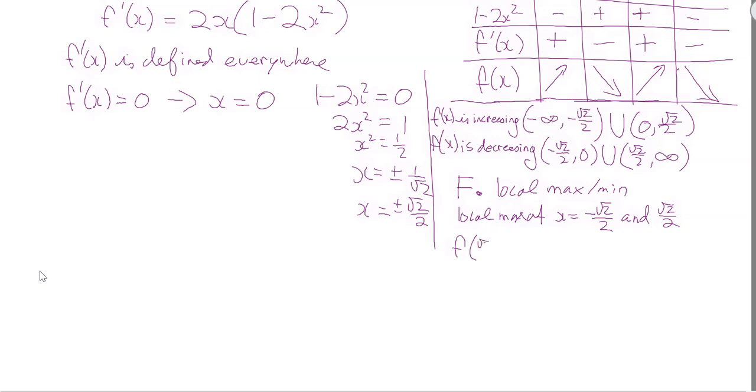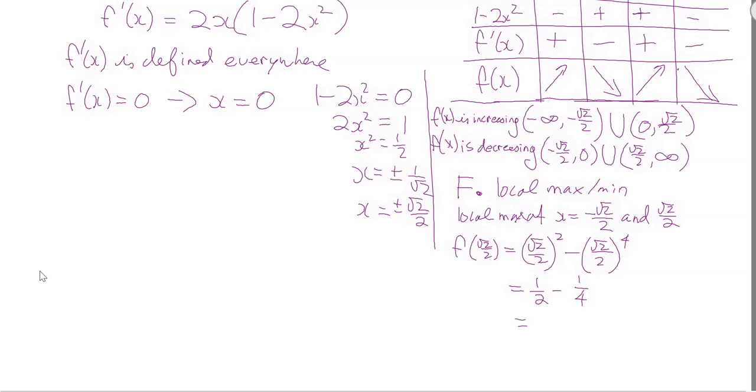So f of root 2 over 2 will be root 2 over 2 squared minus root 2 over 2 to the fourth. So what's that going to be? 2 over 4, so 1/2. And what's the other going to be? 4 over 16, 1/4.